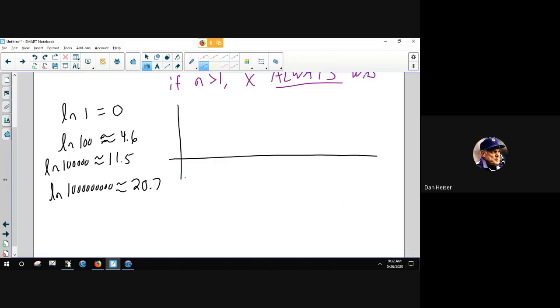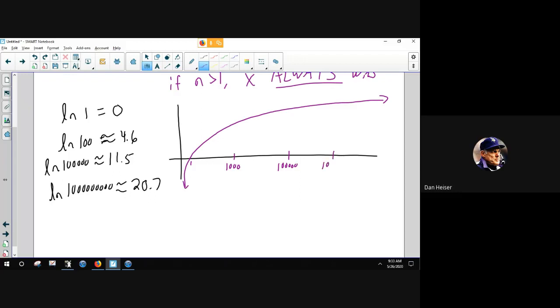This grows very, very, very, very slowly. That's not even a good representation. Very, very slowly. Here's one. We'll say this is 100. We'll say that's 1,000. This might be 100,000.